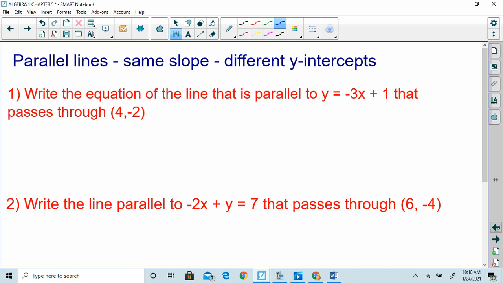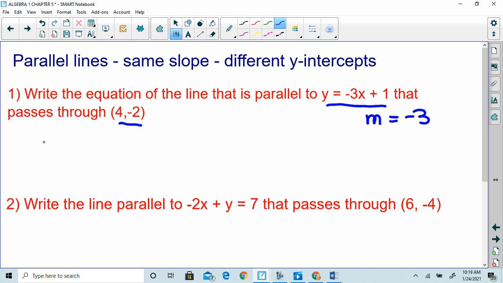We then went into discussion about parallel lines. Now we know parallel lines are two lines that never intersect, but we also know they have the same slope but different y-intercepts. If you're given a line and you're told that you want to find a line that's parallel that goes through a given set of points, we then only need our slope. And then we use this point to find our y-intercept.